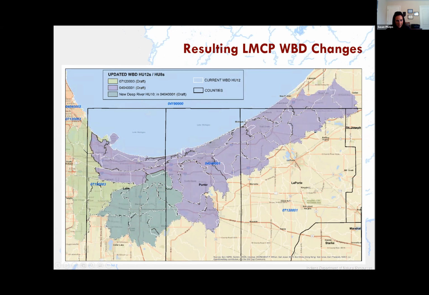So I think the area that we were just looking at was right along in here. You can see there's a big shift there as to where the new boundaries are. And there's still actually a couple areas under review over here, and those are being coordinated amongst USGS, Indiana, and some of the key contacts in Illinois for WBD.